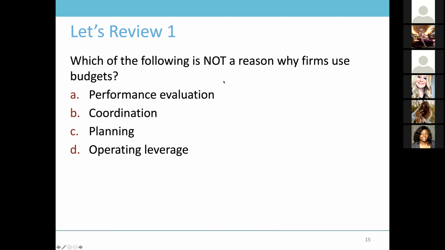D. Ruben? D, operating leverage. Ashley? D as well. Michaela? Also D. So it's all D, right? Operating leverage is not why firms use the budget.